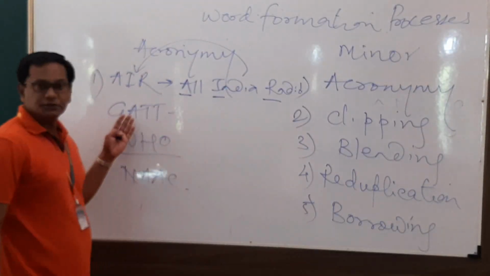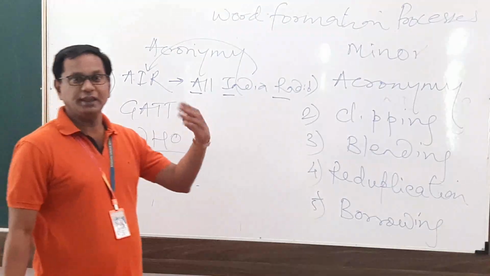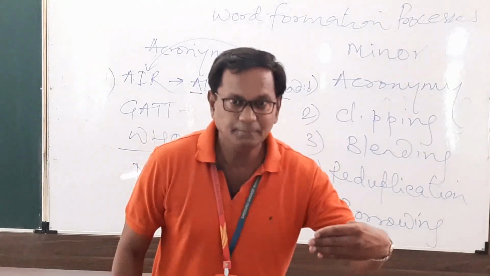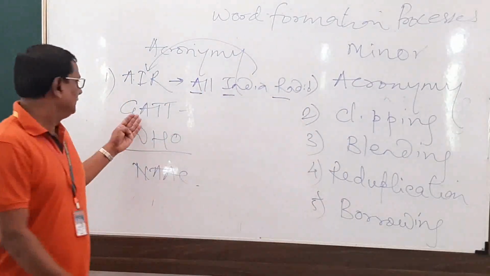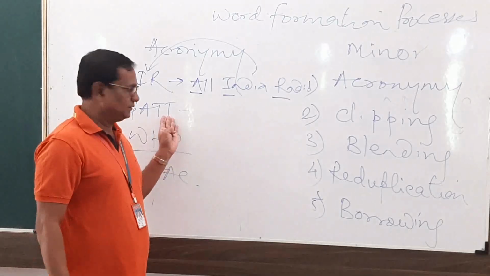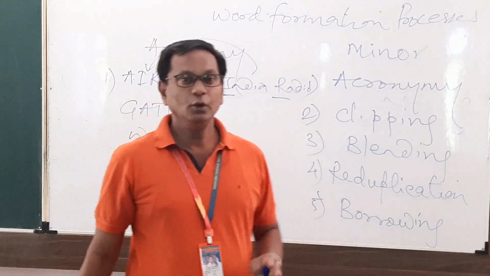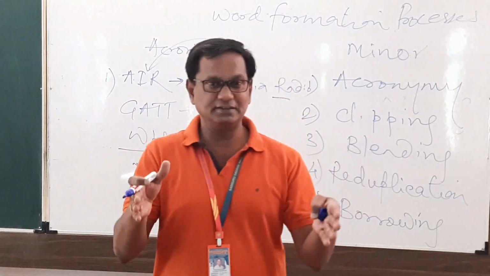Likewise, General Agreement on Trade and Tariff. So by taking GATT, right? These are the four letters that are there in the successive words, and we form the word GATT. Likewise, it is WHO, World Health Organization. So we have three words, right?